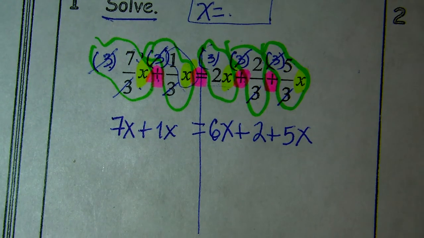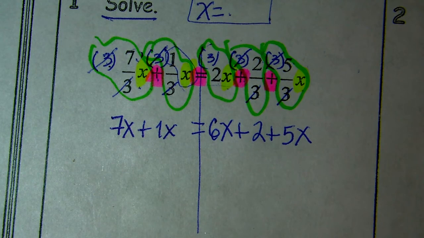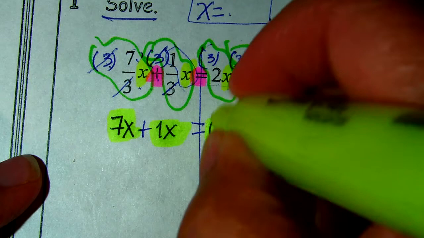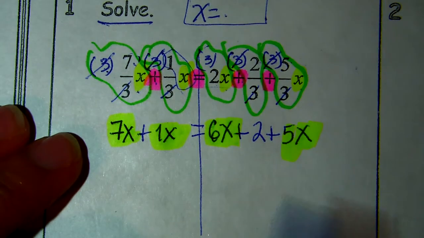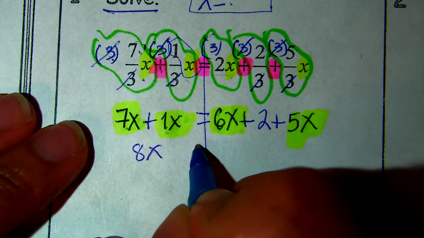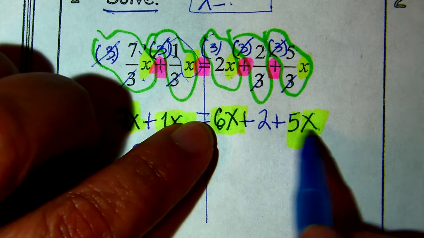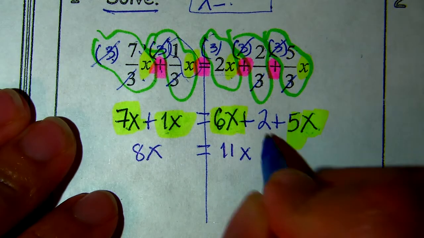We got rid of the fractions. Magic. Now what are we left to do? I see x's here, here, and here. So I'm going to combine like terms. 7 plus 1 gives me 8x. Bring down the equal. Over here I have these two x's. 6 plus 5, 11x plus 2.